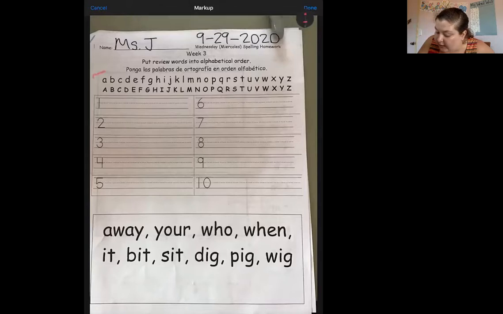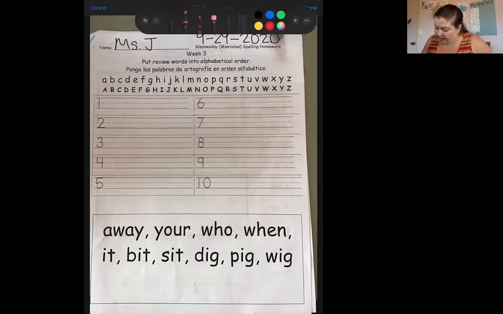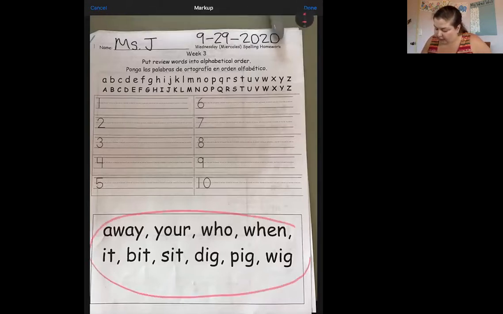So here is our alphabet, okay? Up here, we have the lowercase, and down here, we have the uppercase, okay? Good. So down here is our list of words, our list of 10 words for week 8, right?